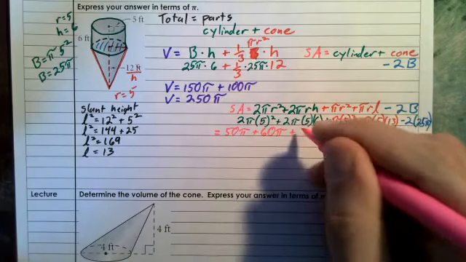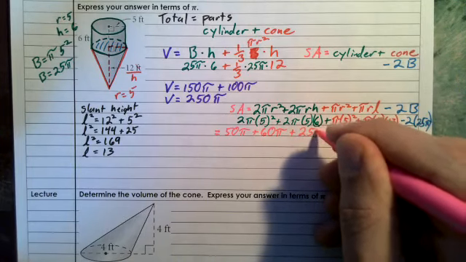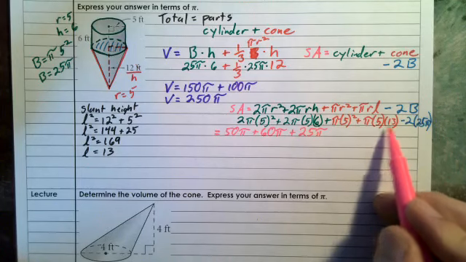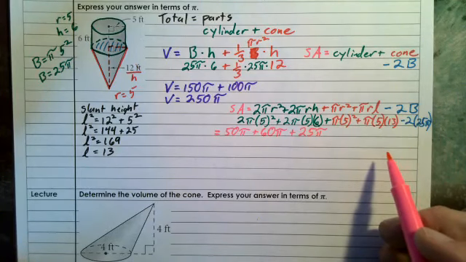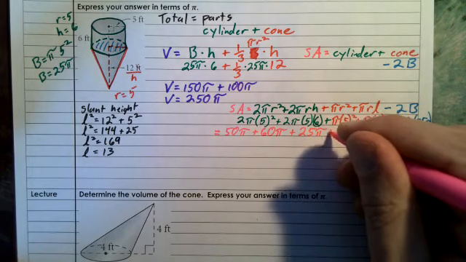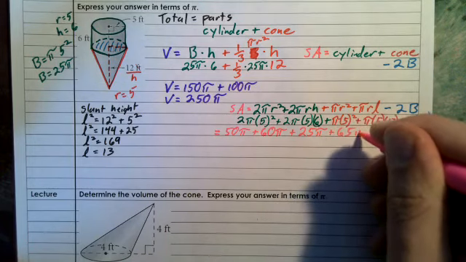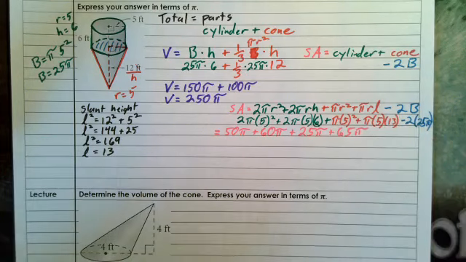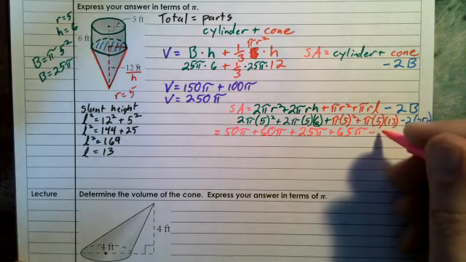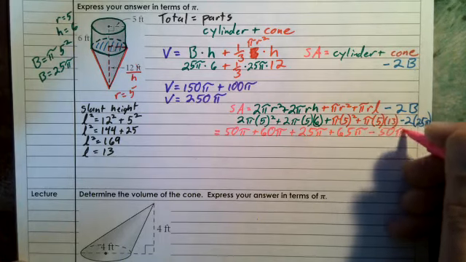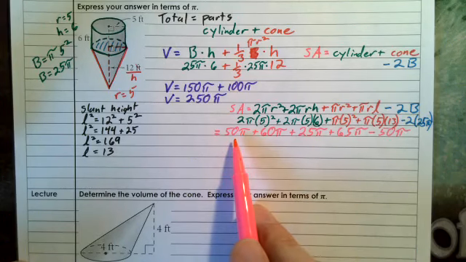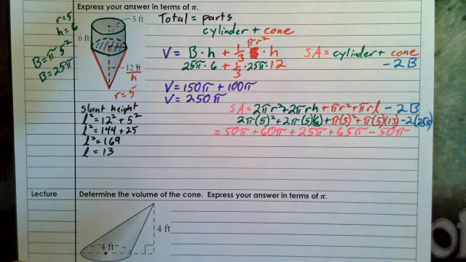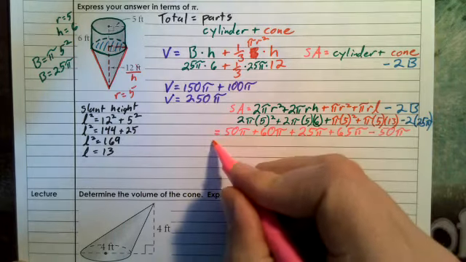So that's plus 25 pi. 5 times 13 is 65. And then 2 times 25 pi should be 50 pi. So minus 50 pi. Oh, so this 50 pi and that 50 pi, those two just kind of go away.